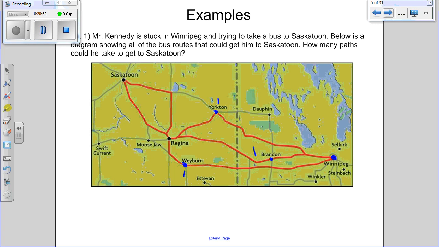Remember these are bus routes, right? Not just driving routes. The number of ways that you can get to Regina then is 3. I could go up through Yorkton to Regina. I could go through Brandon to Regina. I go through Weyburn to Regina.